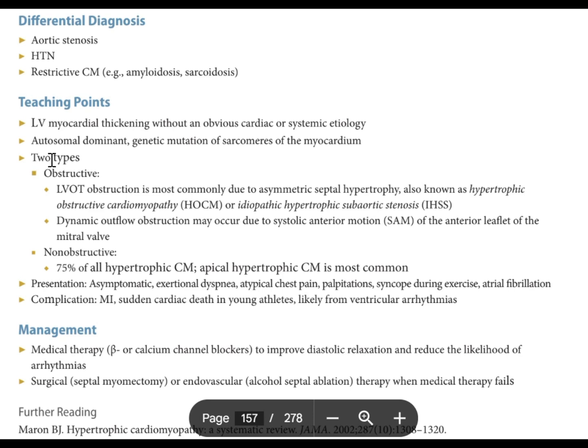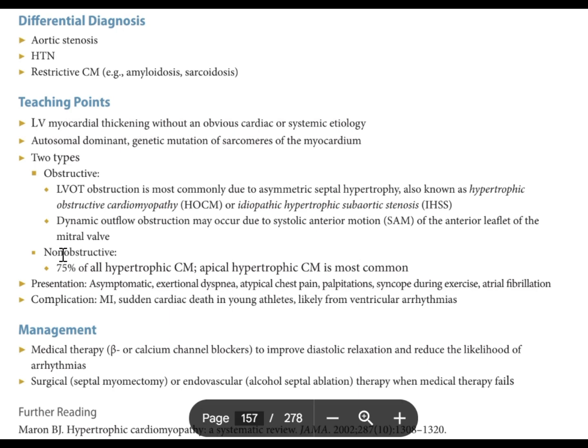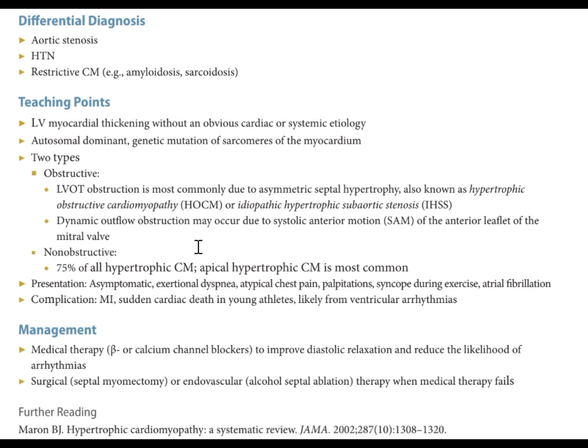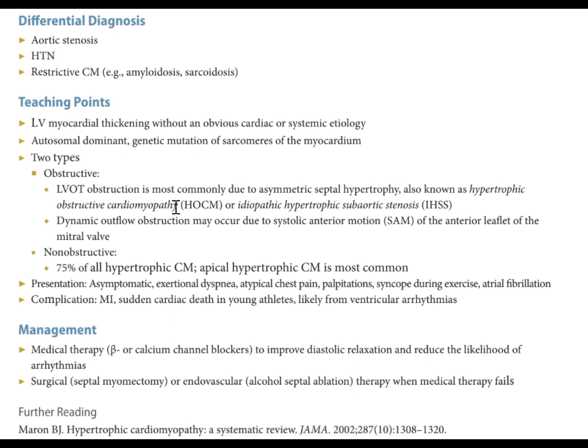There are two types of hypertrophic cardiomyopathy, obstructive type and non-obstructive type. The non-obstructive type is the apical hypertrophic cardiomyopathy. The obstructive type, there will be left ventricular outflow obstruction due to asymmetric septal hypertrophy, known as the obstructive cardiomyopathy.